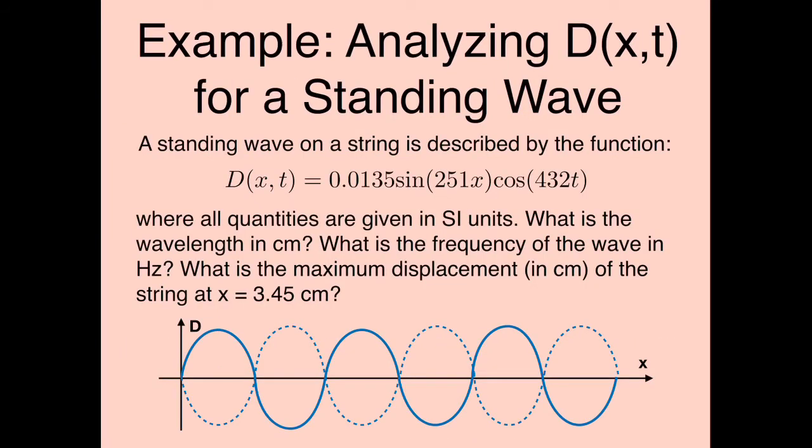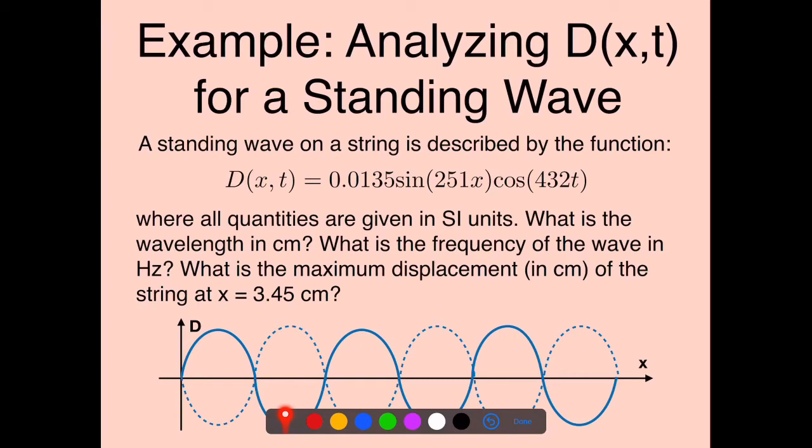So let's do an example of this where we analyze the function for a standing wave. So a standing wave on a string is described by the function d of x and t is equal to 0.0135 times sine of 251x times cosine of 432t.